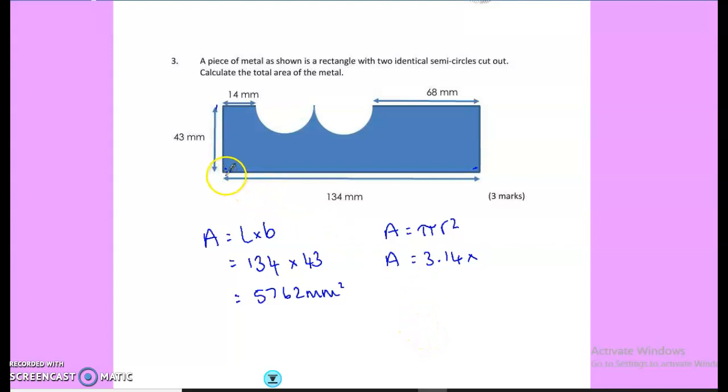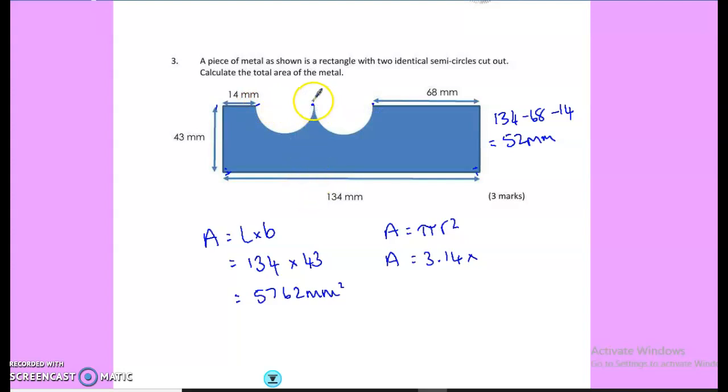Okay, so this full distance along here is 134. So if I do 134, take away the 68 and I take away the 14, that gives me 52 millimeters. Now that 52 millimeters is that full distance there.